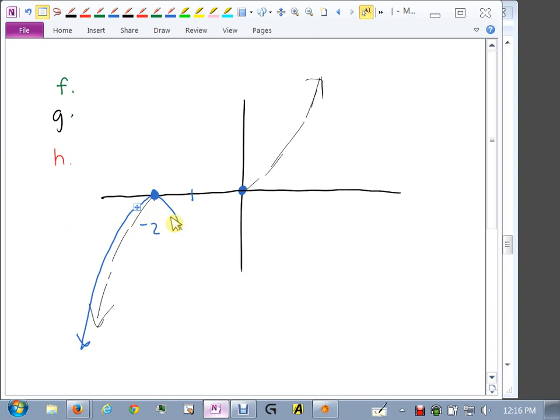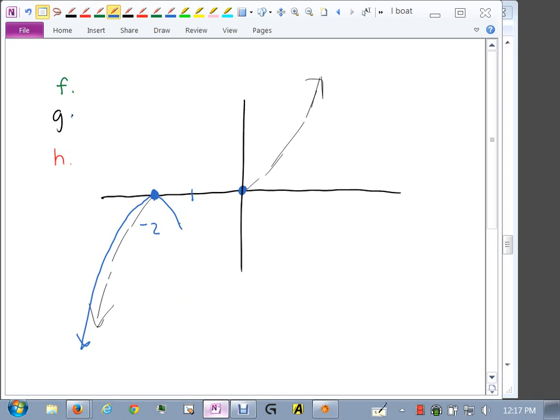And now what do I need to do? Connect the dots. I've got to go back up to this, don't I? Now, can I do this? Why not? More than one y. Okay, can I do this? Why not? Is it a function? Fails the vertical line test, right?